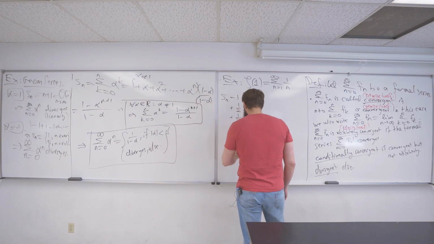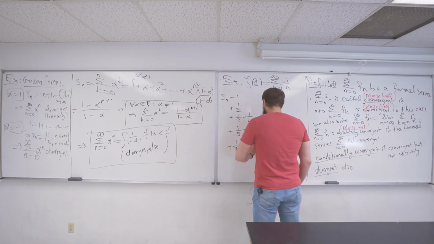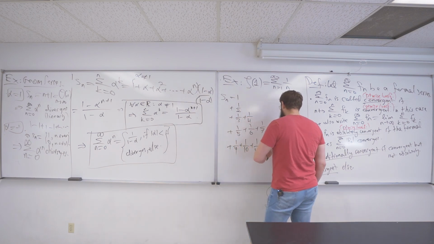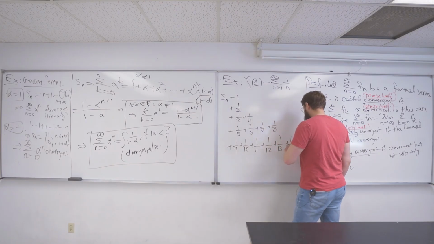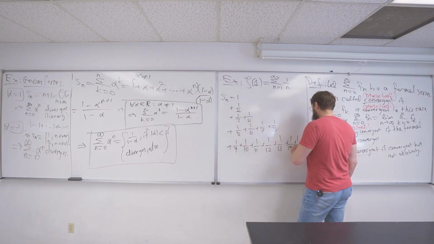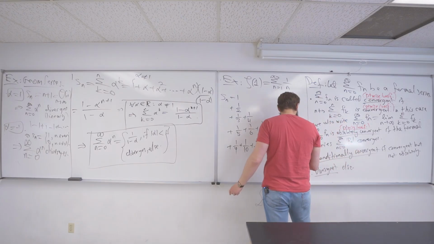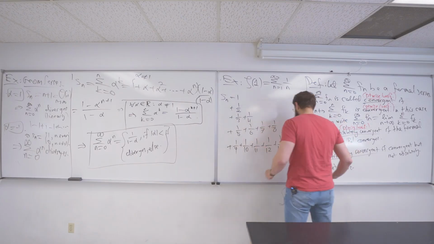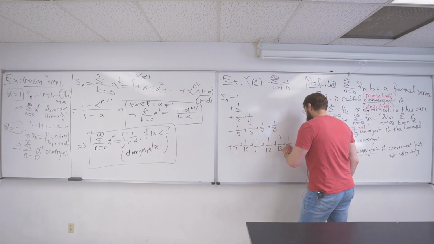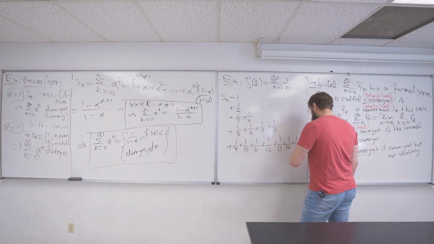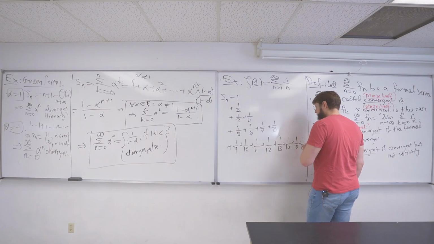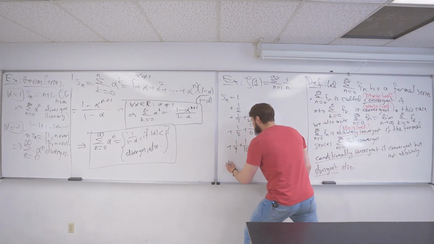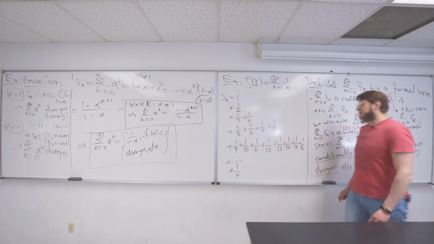And then 1 over 9, 1 over 10, 1 over 11, 1 over 12, 1 over 13, 1 over 14, 1 over 15. There's a trick that I'm going to use, that's why I'm writing this explicitly like this. Plus 1 over 16. And then it keeps going on like this, and ultimately I'm going to be left with 1 over n.